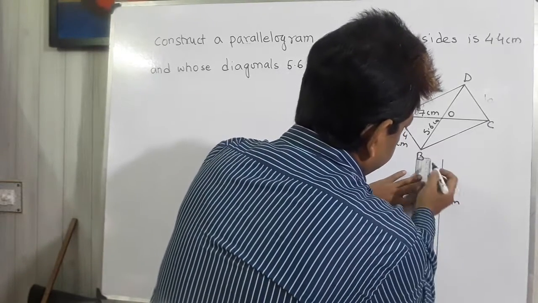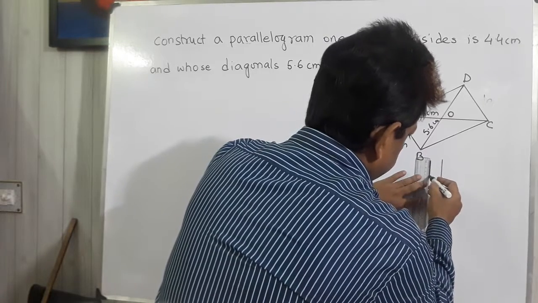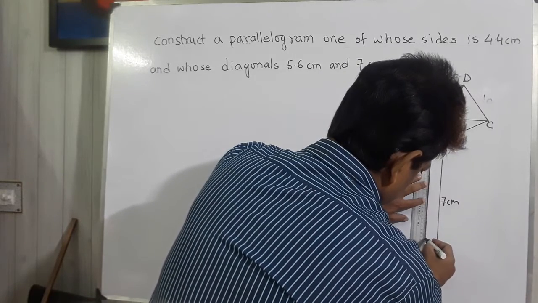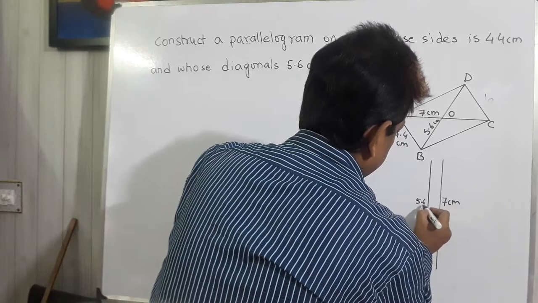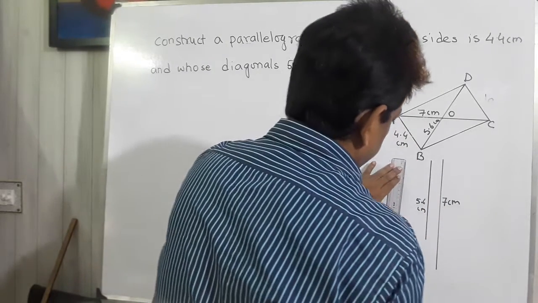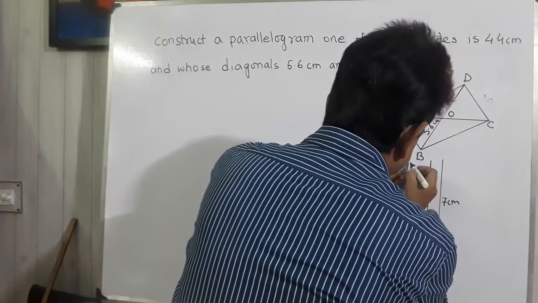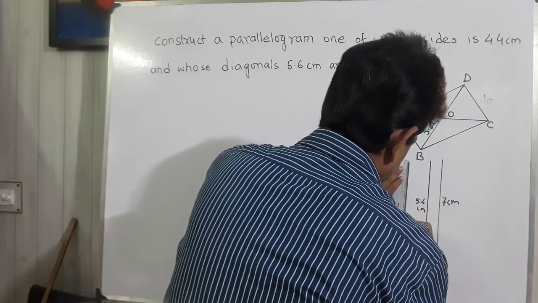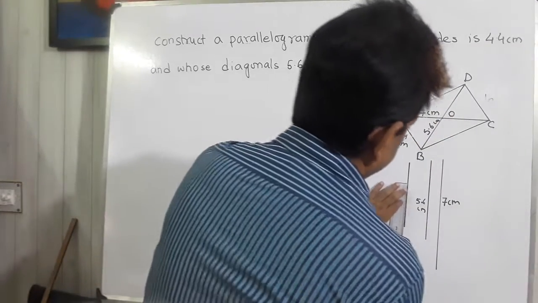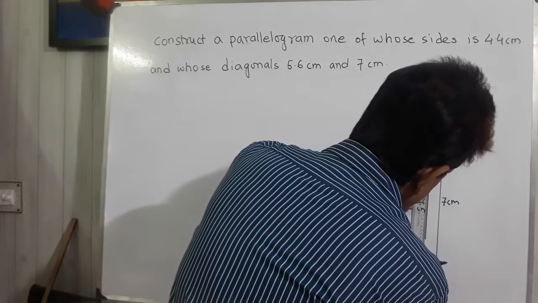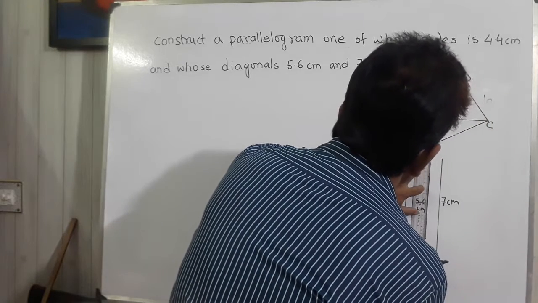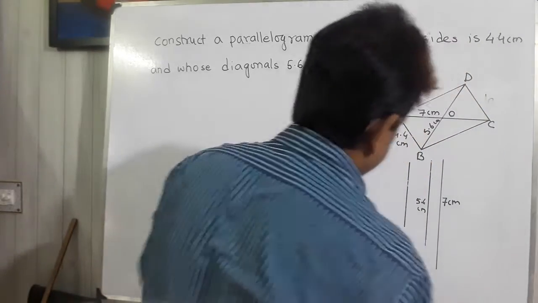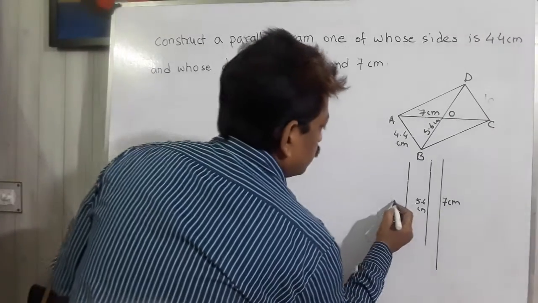The other diagonal is 5.6 centimeter, and one of the sides is 4.4 centimeter. So these are the three lengths we have to use during the construction.